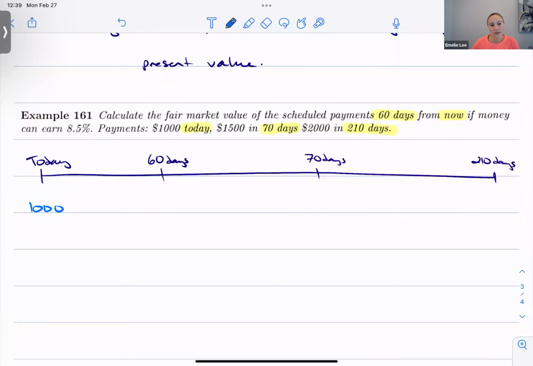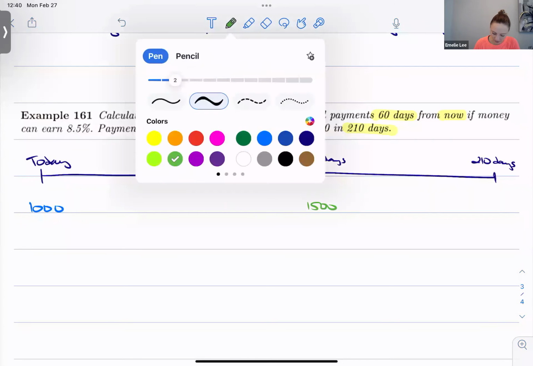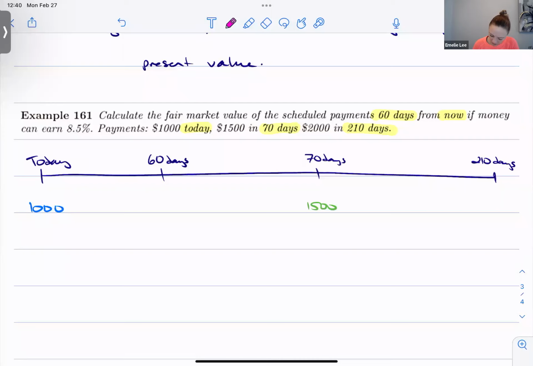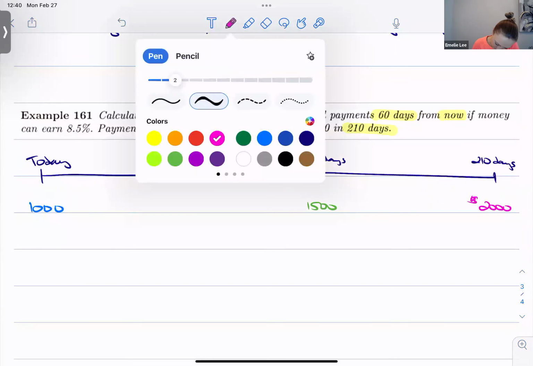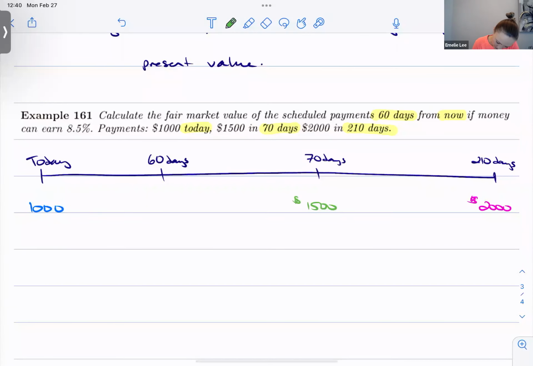Okay. $1,000 today, $1,500 in 70 days, and $2,000 in 210 days. And I'll put some dollar signs on here.